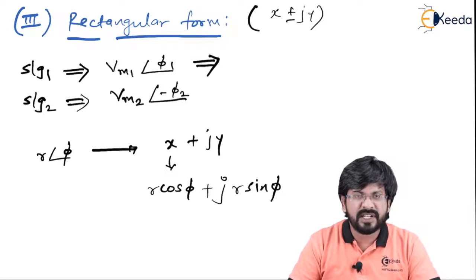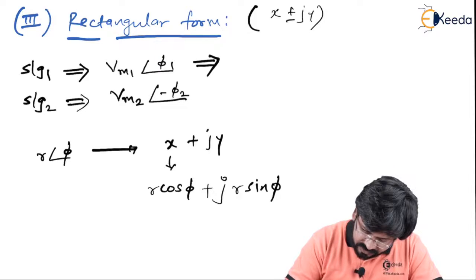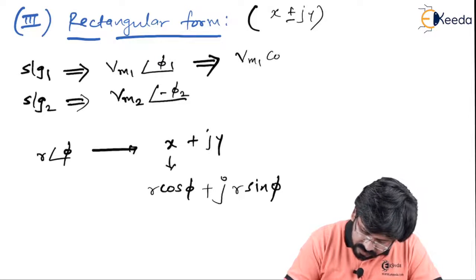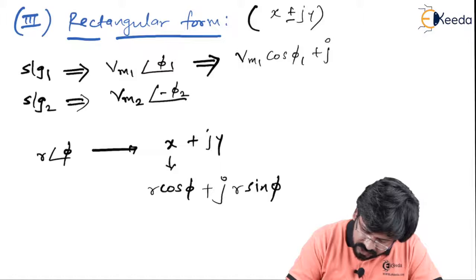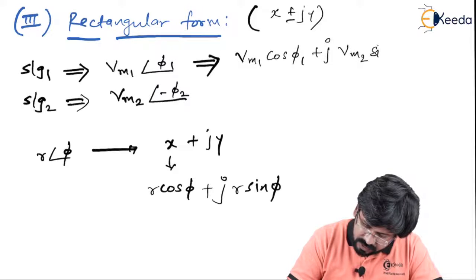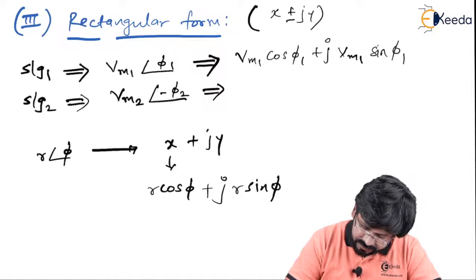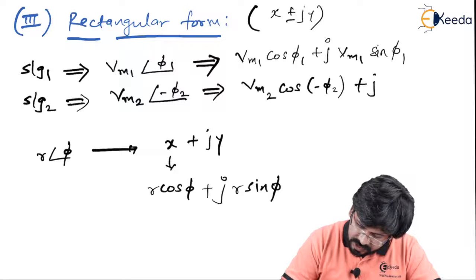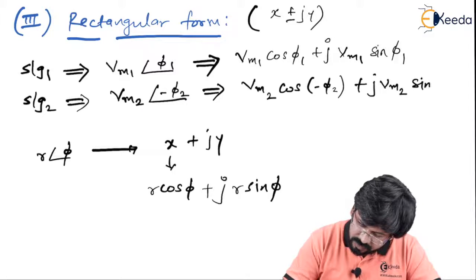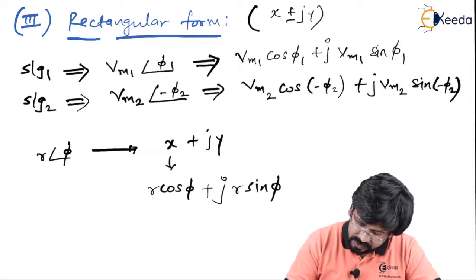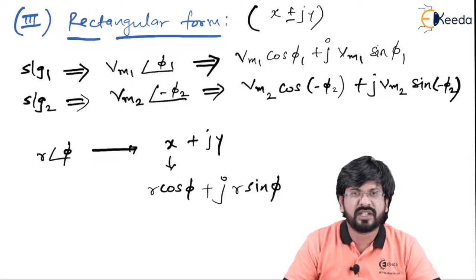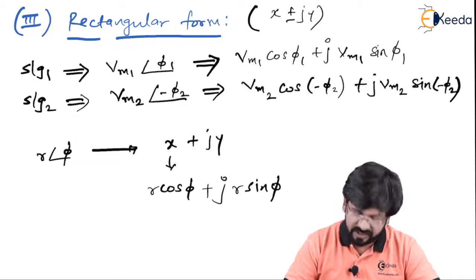In a way, I can represent my signal 1 in rectangular form like this: Vm1 cos of phi1 plus j Vm1 sine of phi1, because it belongs to signal number 1. Whereas for signal 2, I can represent it as Vm2 cos of minus phi2 plus j Vm2 sine of minus phi2. We know the fact that cos of minus theta is cos theta, but sine of minus theta is minus sine theta.